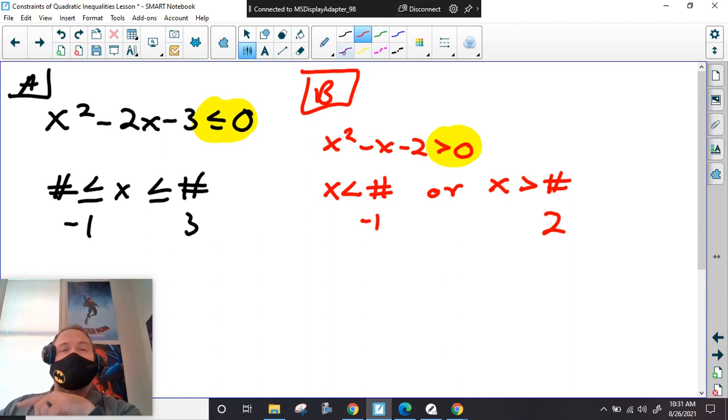Now, what we see is the alligator is eating the 0 right here, and the alligator is not eating the 0 here.